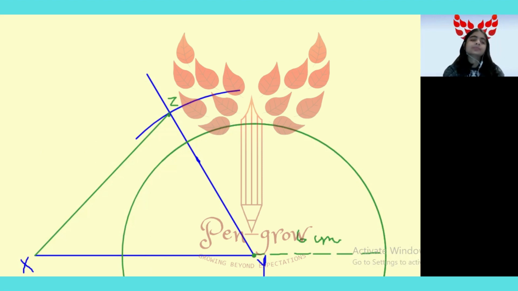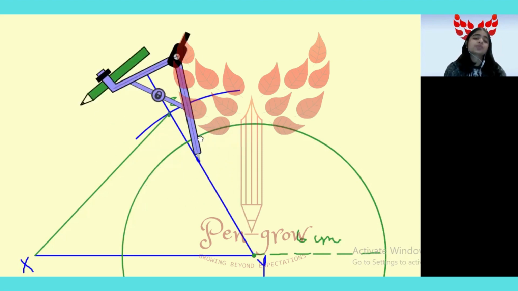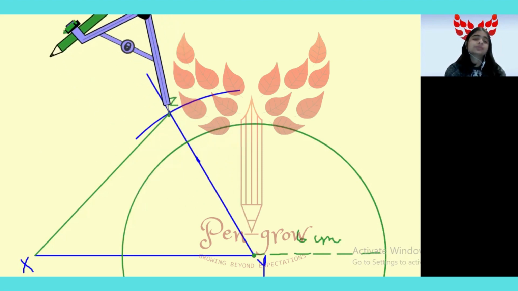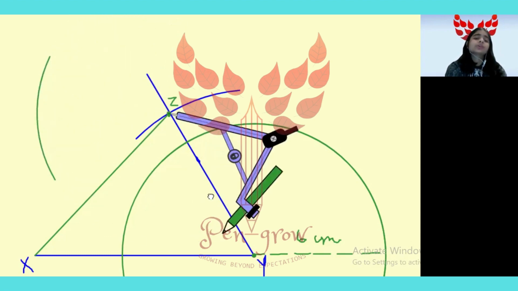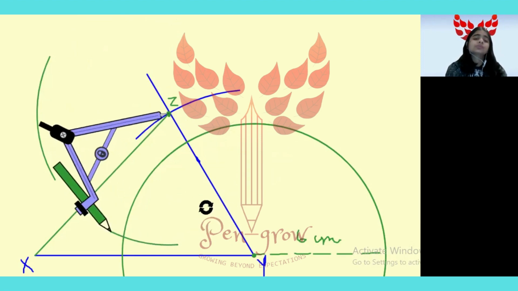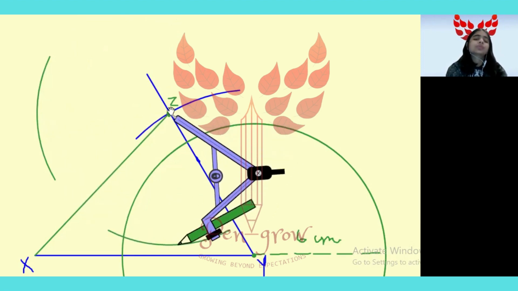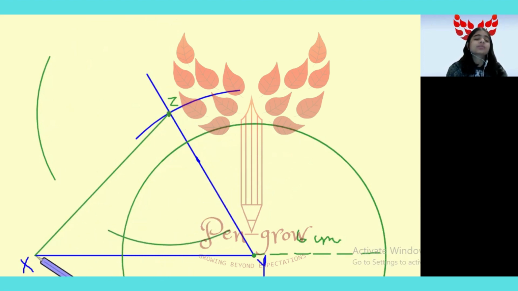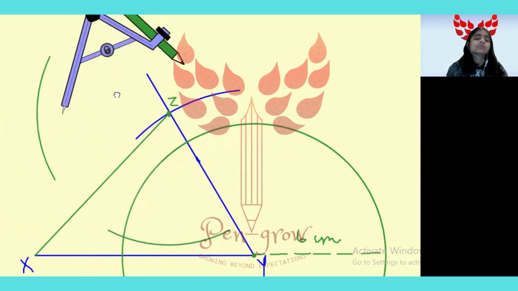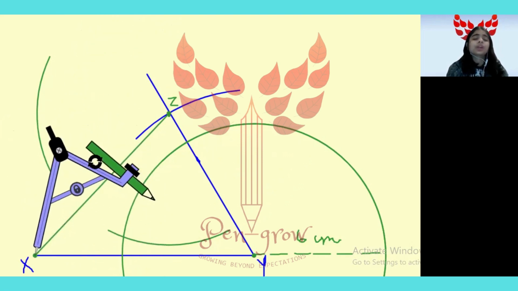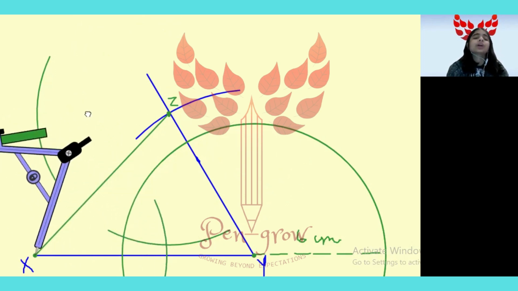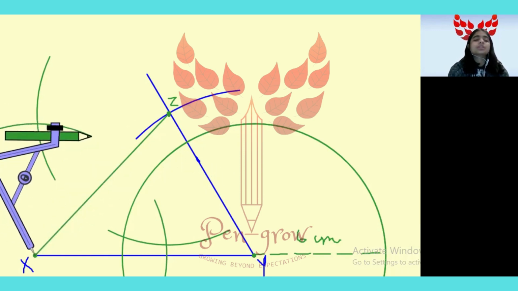So let's make it. You open it more than half. So I believe this is more than half. One arc here, one arc at the bottom, then an arc from point X, one arc here, one arc at the top. Right?